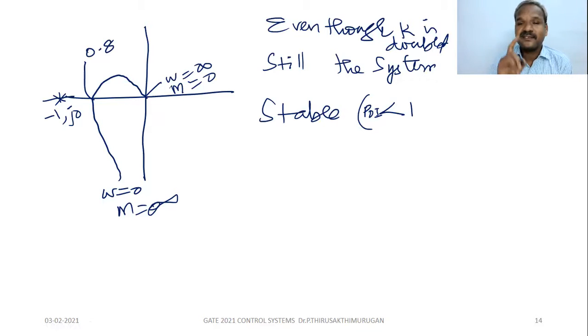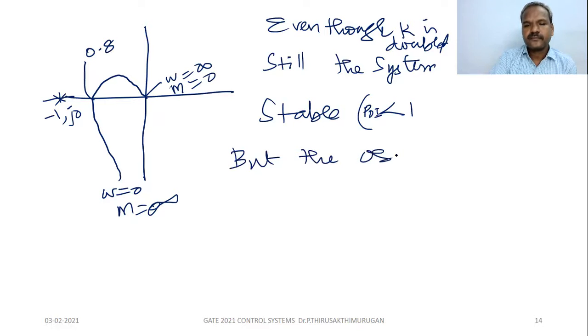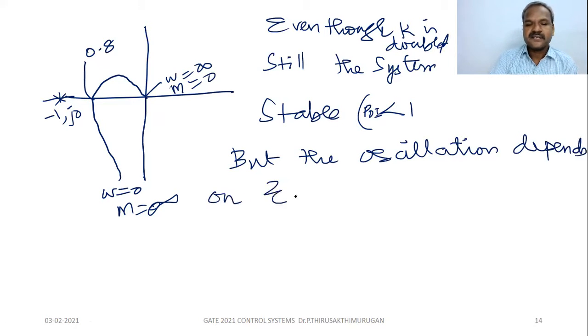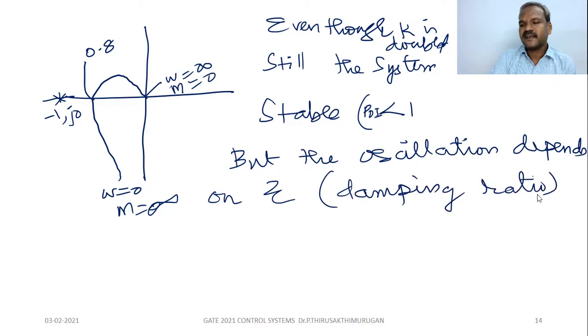But the oscillations depend on zeta. Okay, but the oscillations depend, this is very important, on zeta, the damping ratio. Understand? So what is the relation between damping ratio and k? Damping ratio is inversely proportional to the square root of k.